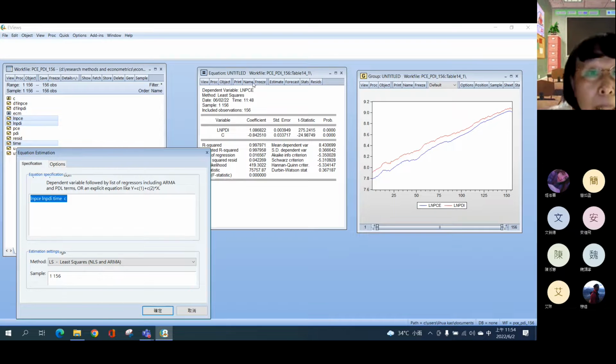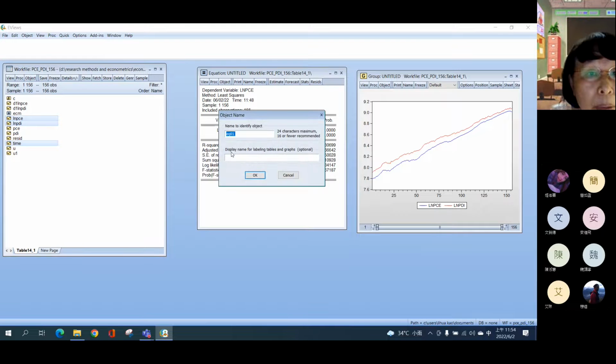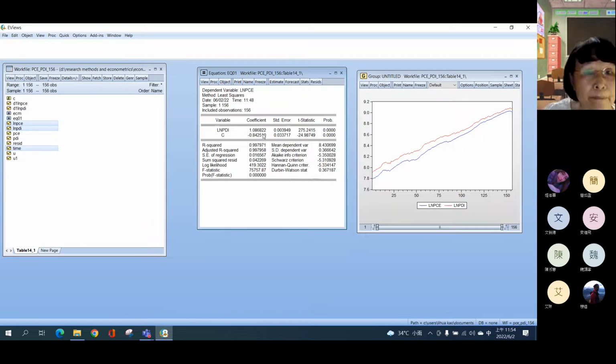Maybe I'll save this one as equation 1 first, so I can have this result to compare with later on.